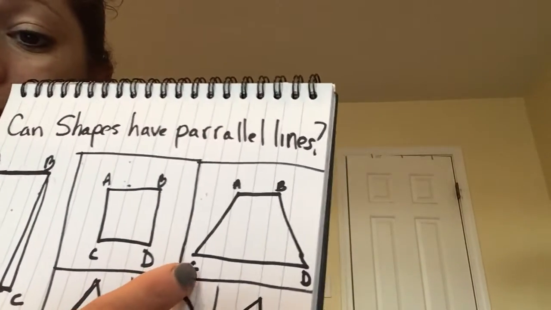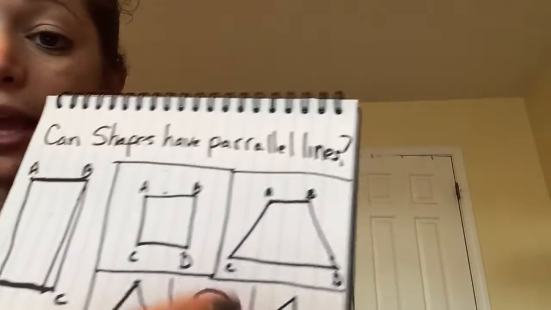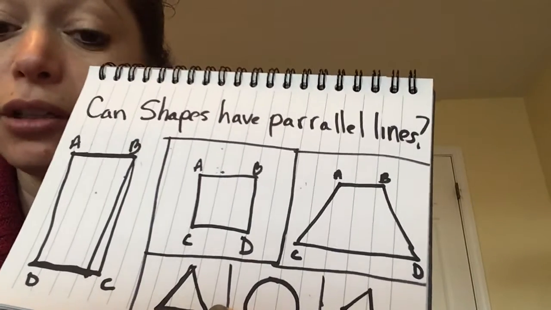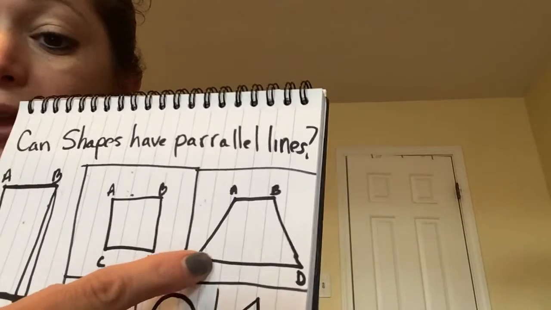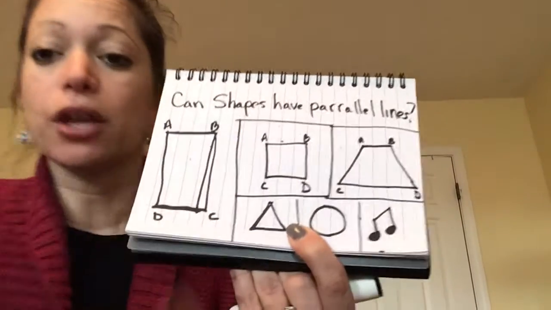You can see here, we have CD is parallel to AB. Now, if we said AC and BD are parallel, that would be false, because they are not. But if you looked at these lines, even though they're not the same size, they are exactly the same distance apart, and they will never interfere or intersect with each other.